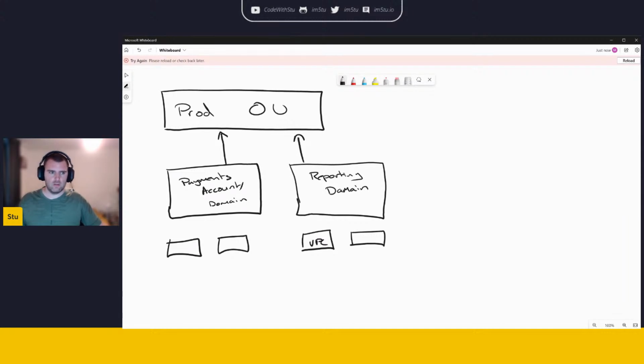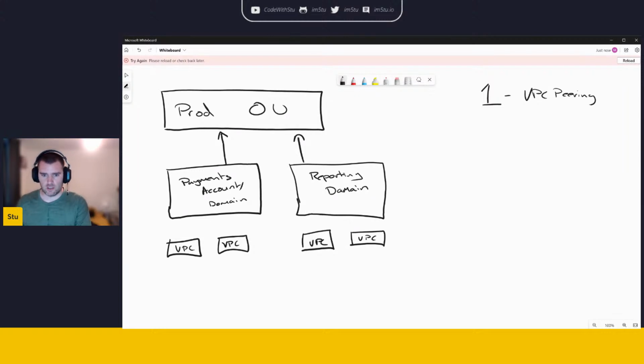So how do these VPCs start to connect to each other? How does this all work? So in AWS, there are four ways you can connect VPCs together. One is VPC peering. And essentially, this creates a mesh network between the different bits and pieces.